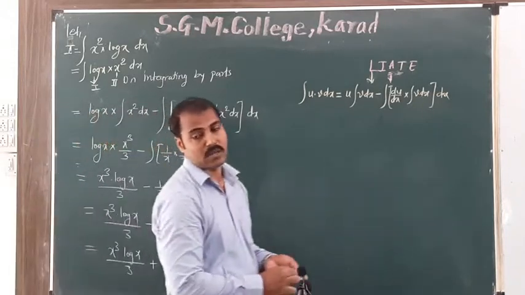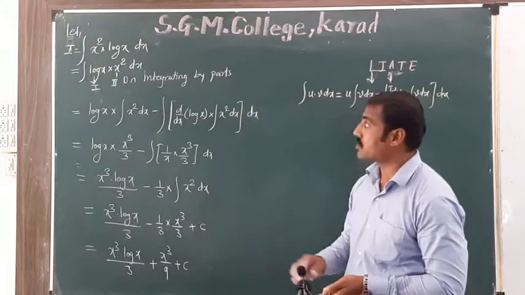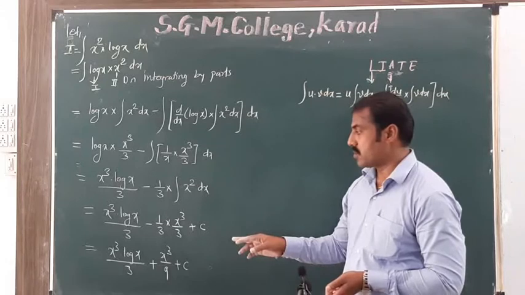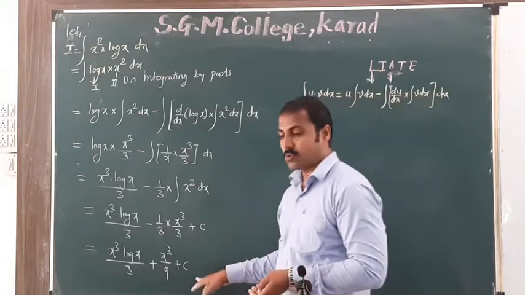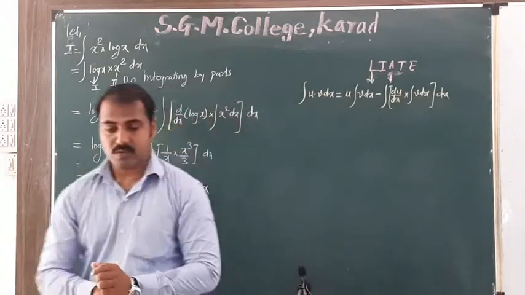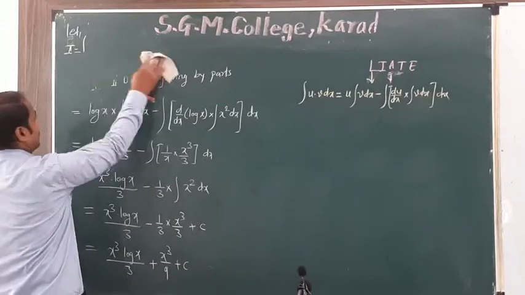So here is the answer of the integration of x square into log x dx, which is equal to x cube into log x divided by 3 plus x cube divided by 9 plus constant of integration c. And here is the last example on this type.